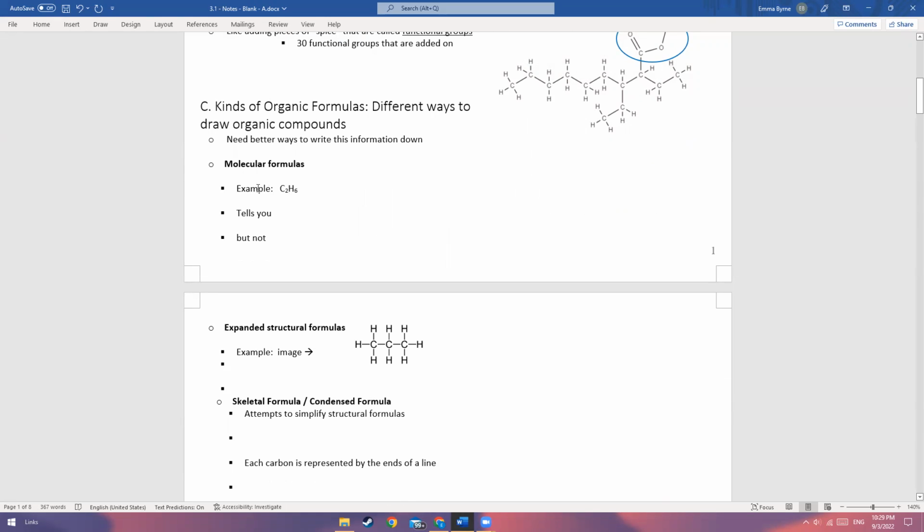So we've got this molecular formula here, 2 carbon atoms, 6 hydrogen atoms. This method of writing the molecular formula tells you the number of atoms in a compound, but not how they are arranged.